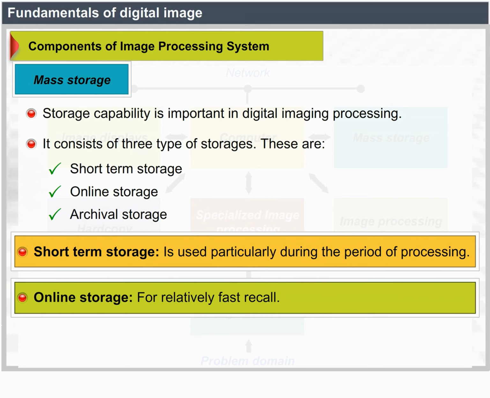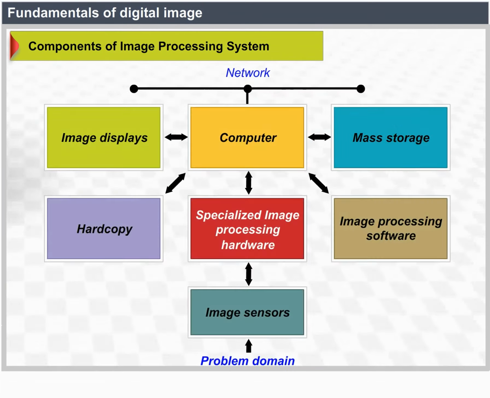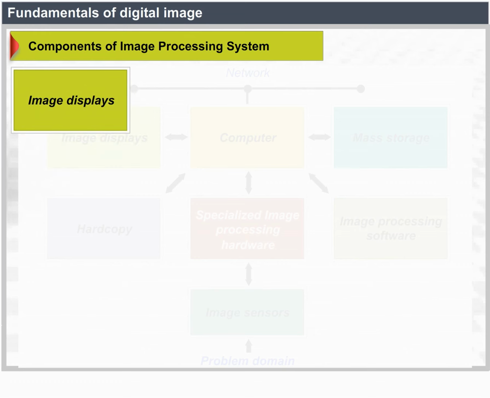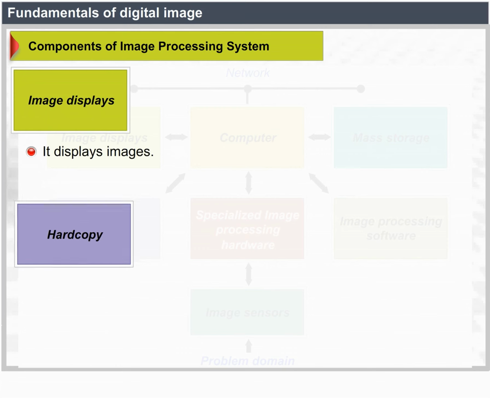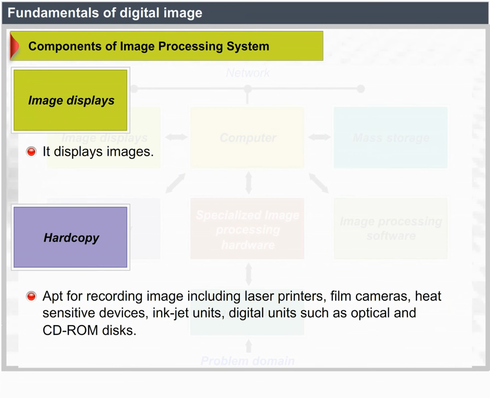Online storage is used for relatively fast recall, and archival storage is characterized by infrequent access. Image display. It displays images. Hard copy devices used for recording images include laser printers, film cameras, heat-sensitive devices, inkjet units, digital units such as optical and CD-ROM discs.